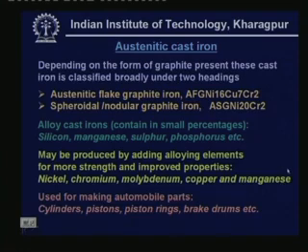These types of austenitic cast irons are mostly used for making automobile parts: cylinders, pistons, piston rings, brake drums, etc. You can see these are very important parts, but we still make them in cast iron because it meets the desired criteria while designing cylinders, piston rings and brake drums, and at the same time the components are relatively cheaper.